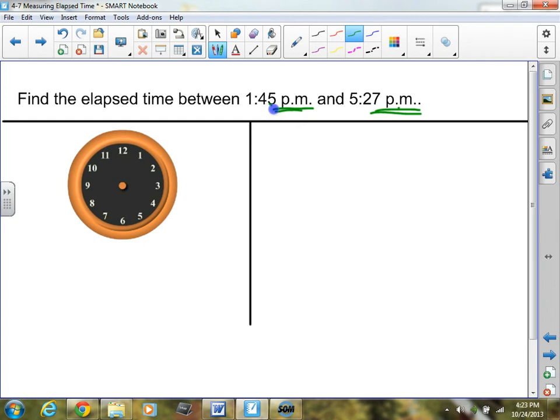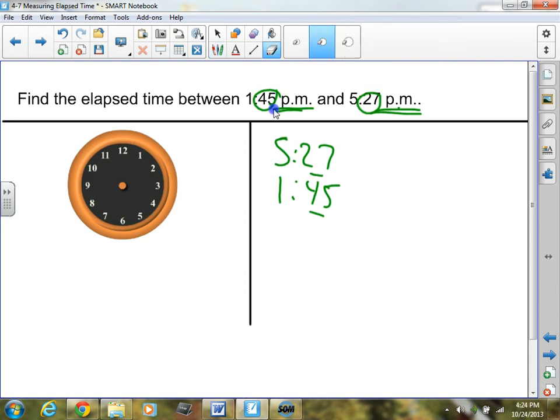Now, here's a very wise suggestion. You'll notice 45 is there, and 27 is there. You can't take away 45 from 27, so you would need to rename. So the book did it like this. This is what the book showed you.